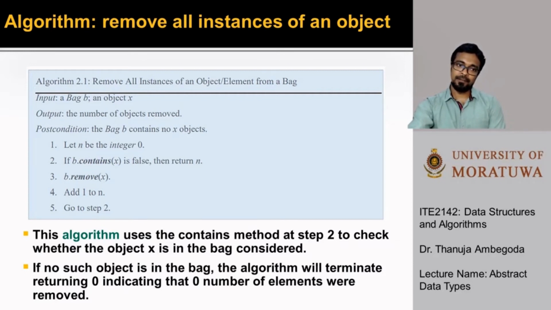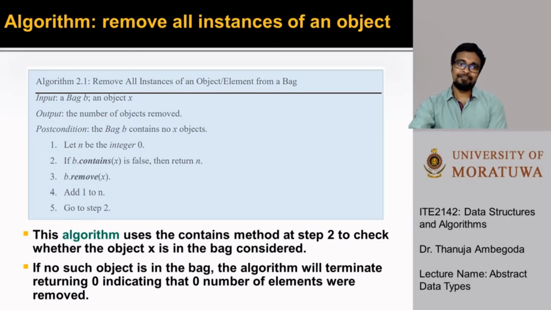So if B.contains(X) returns false, it means X is not inside the bag, then you return the value of n. If we just started the algorithm, n is 0, and in bag B you don't have any copies of X, then this part becomes false. The algorithm stops and returns n, which is 0.